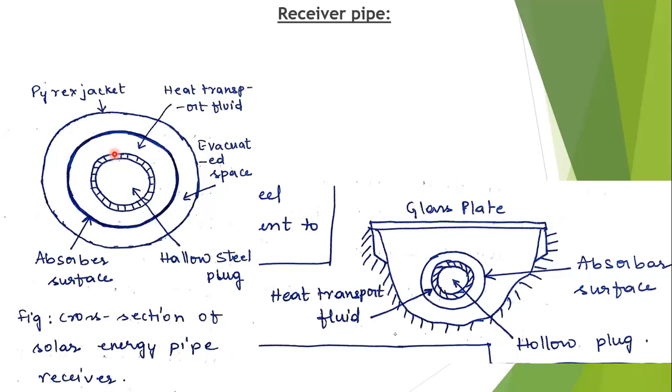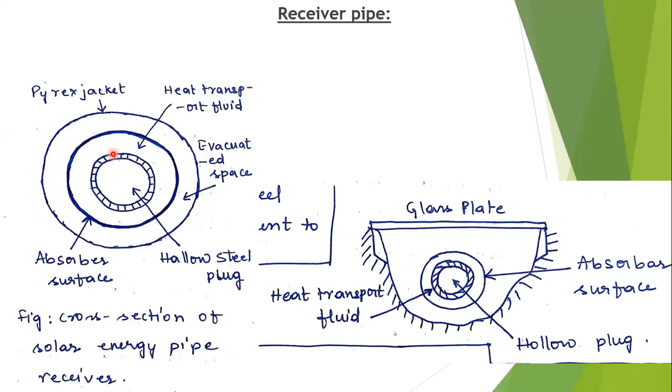Next, practically we will see in the next slides how the receiver pipe will be. For this receiver pipe we select an absorber coating, an absorber surface such as black chrome. This is referred to as black chrome, which is advantageous. Why the black surface is advantageous, I said in the earlier classes.